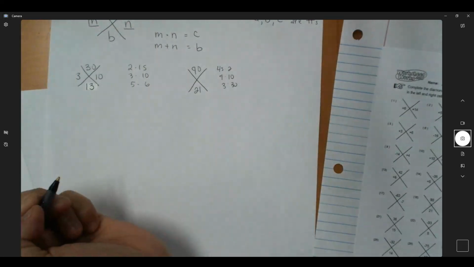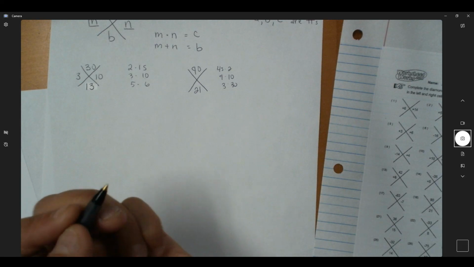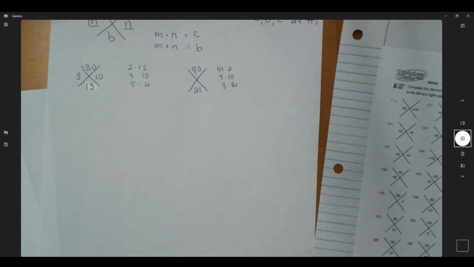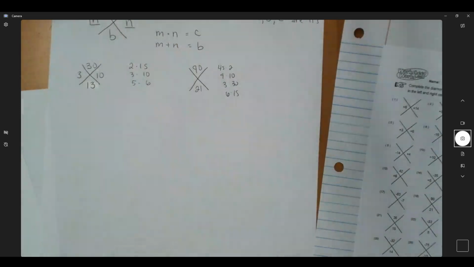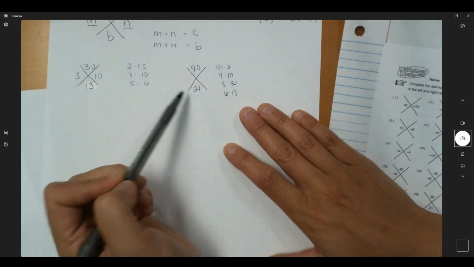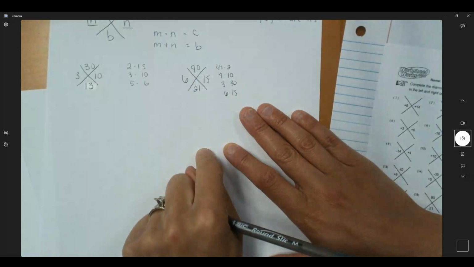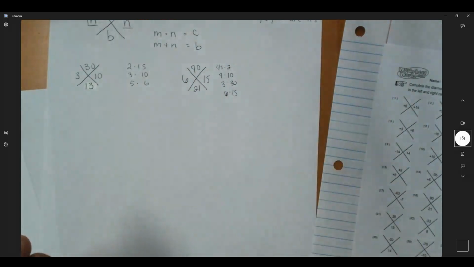No. How many? 6. Is it 6 and 15? I think 6 and 15, right? Yeah. So I'm going to stop there because I found what I needed to find was 6 and 15 add to be 21. So 6 and 15 multiply to be 90 and add to be 21. So that would be my answer there.